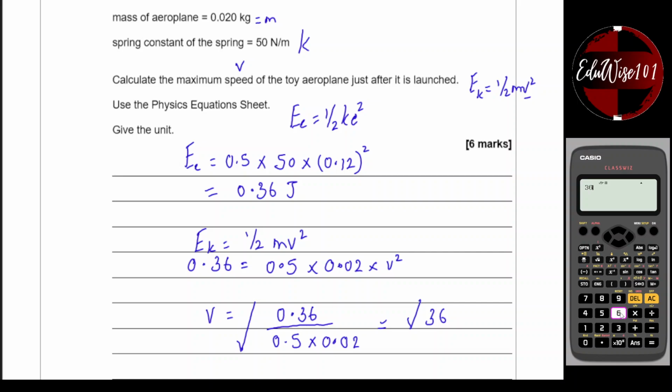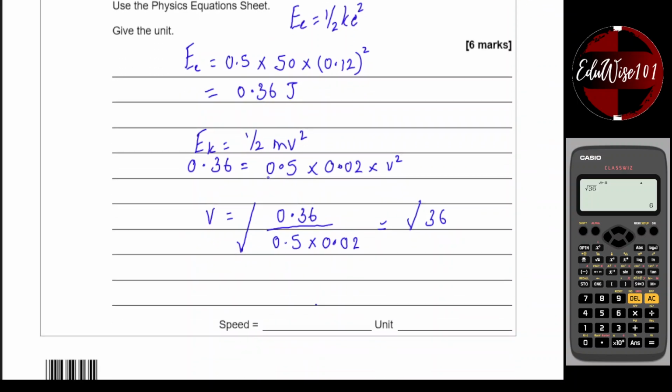So 36, oops, the square root of 36 is 6. The speed is 6, and the unit is meters per second. That carries a 1 mark as well for the unit. So that's 2 marks for that, and 3 marks for the second part, and 1 mark for the unit.